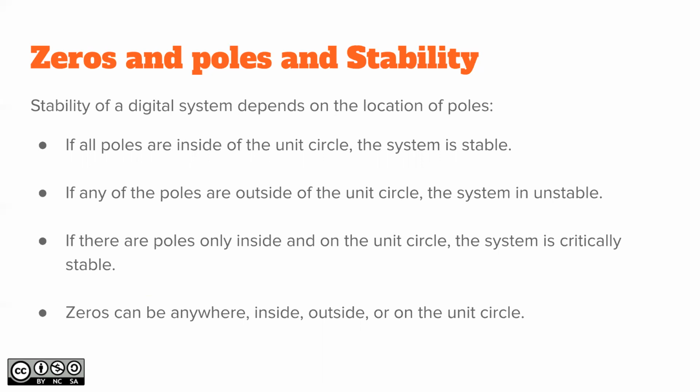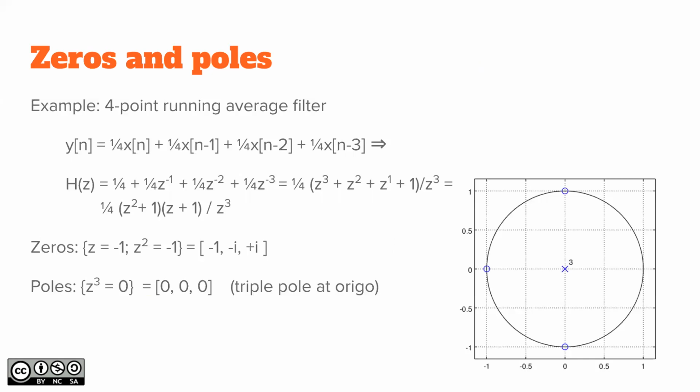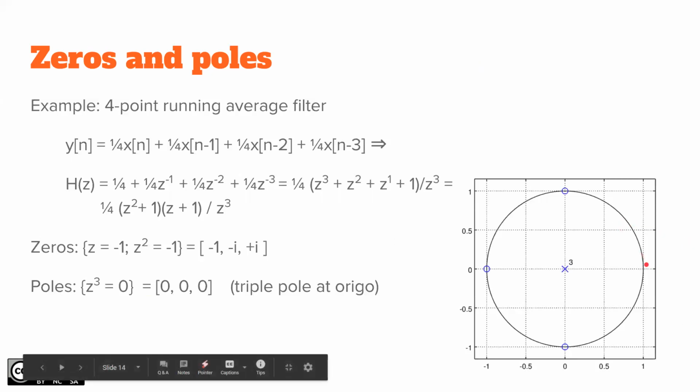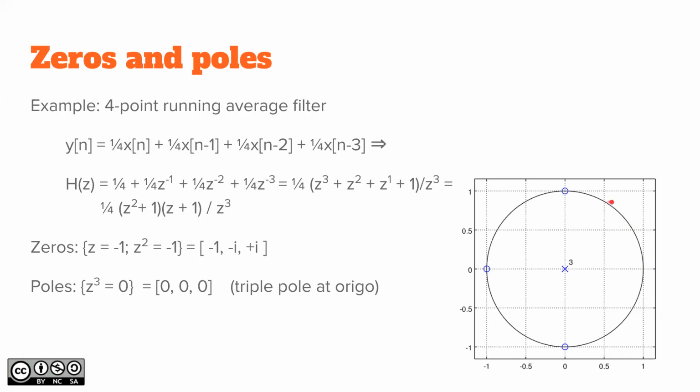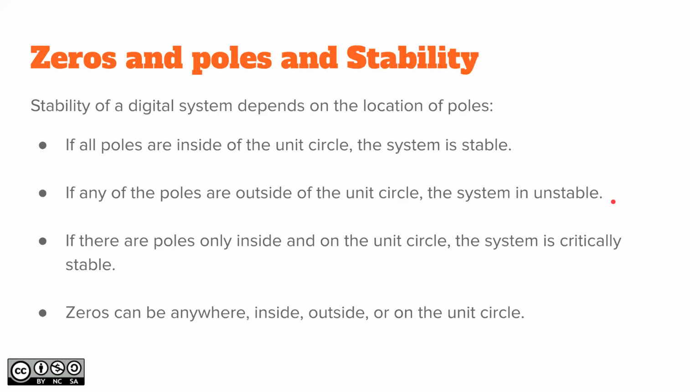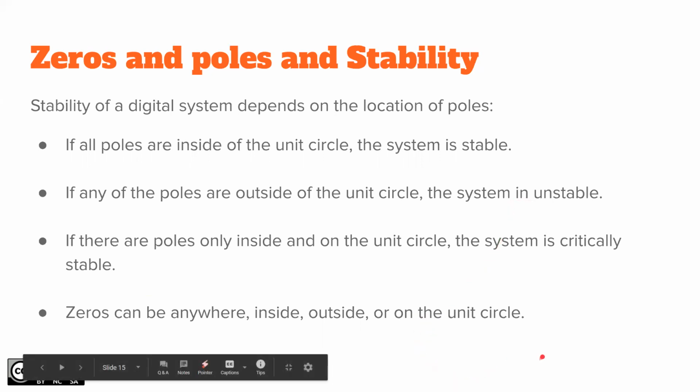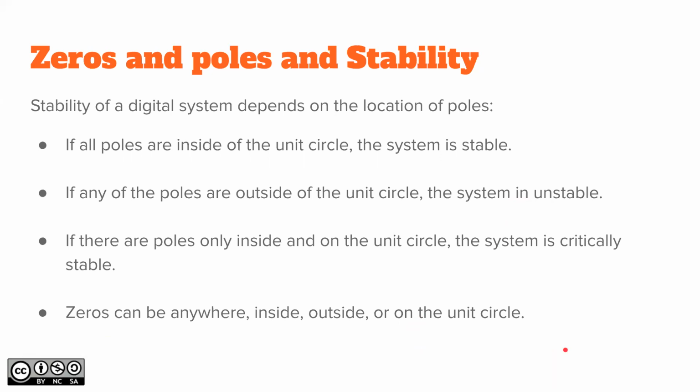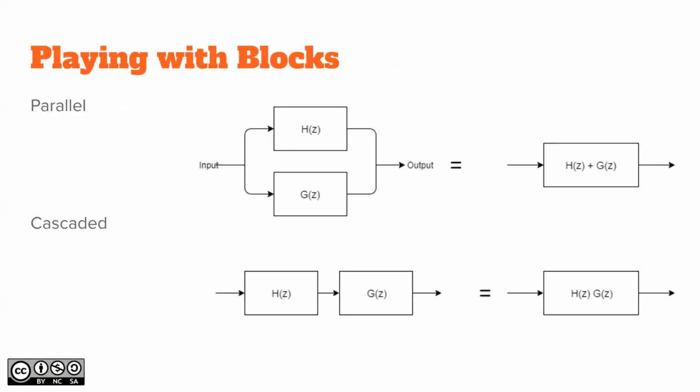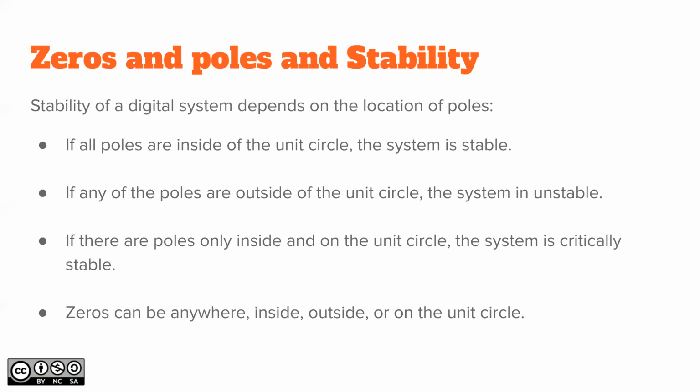And if there are poles on the unit circle, for example exactly at some certain location here, that's critically stable, which means that it's an oscillator. And again, zeros can be anywhere, inside, outside, or on the unit circle. Good. So that's about zeros and poles.